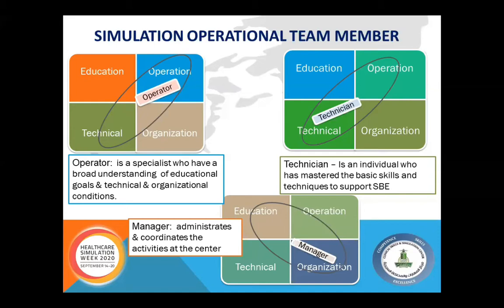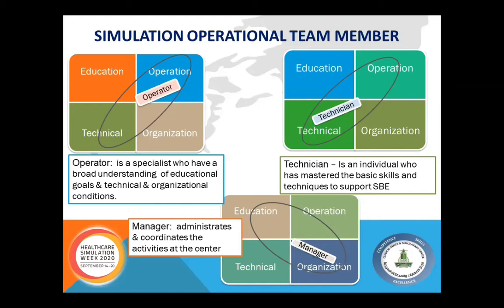Let's start with the manager. The manager is the one who administers and coordinates all the activities from afar. He's the eye of the simulation operation. The operator is the specialist who has a broad understanding of the educational goals and the technical part of the organizational conditions.